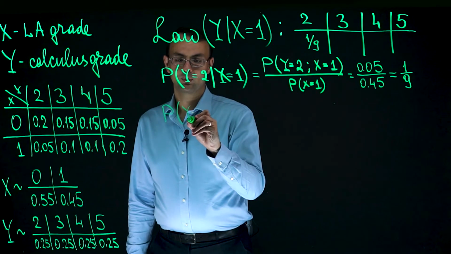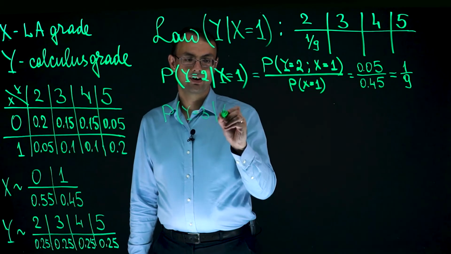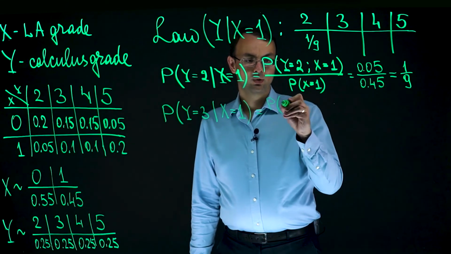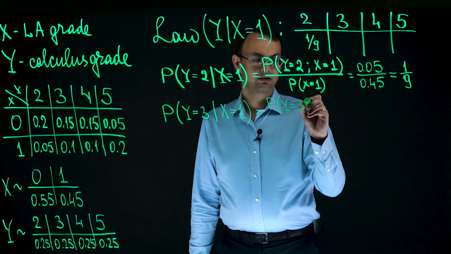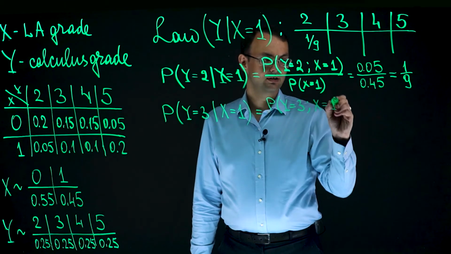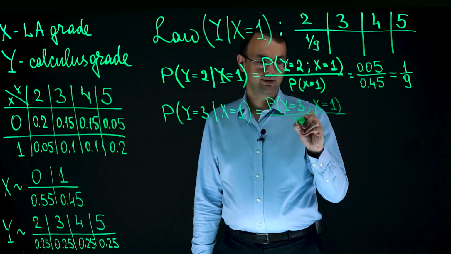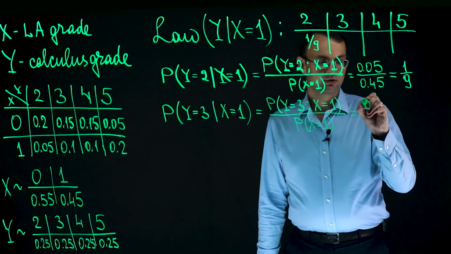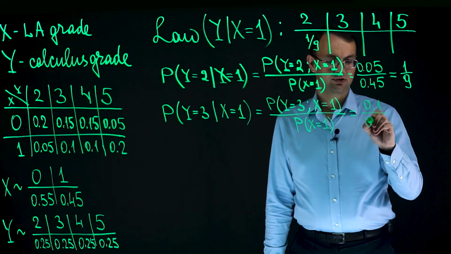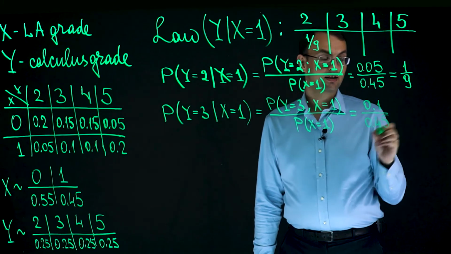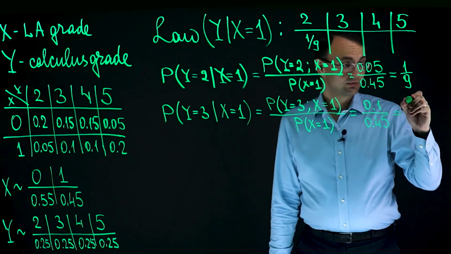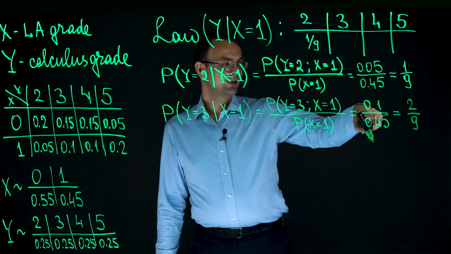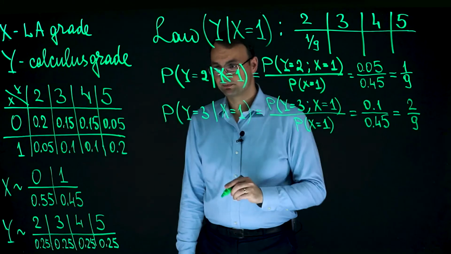The probability that y is 3 given that x is 1 is the probability that y is 3 and x is 1 divided by the probability that x is 1, and that is 0.1 divided by 0.45, and this is 2 over 9. The same number as here, but multiplied by 2.